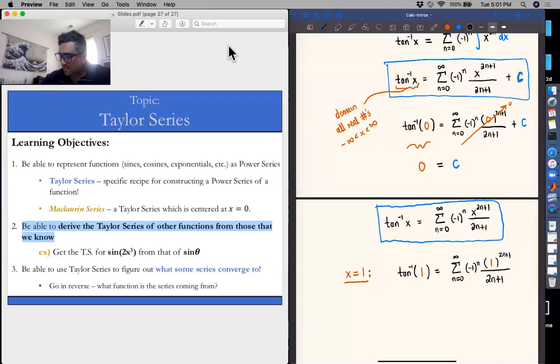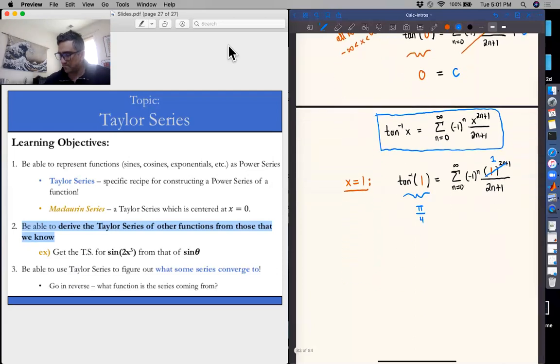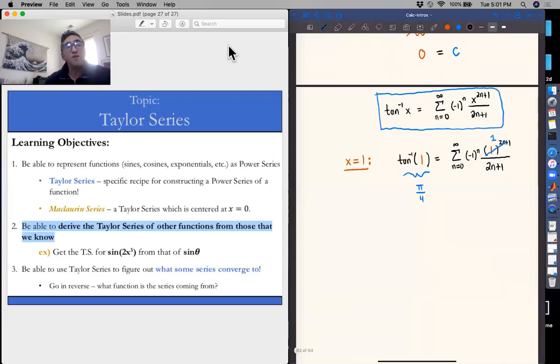Why is this interesting? Well, the arctangent of 1 is equal to pi over 4. The other thing, this 1 raised to the power of 2n plus 1 is always going to be equal to 1. So in other words, we found a series that presumably should converge to pi.